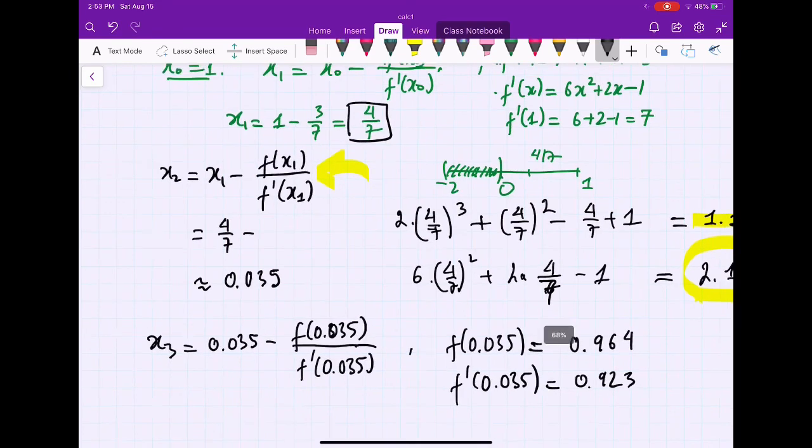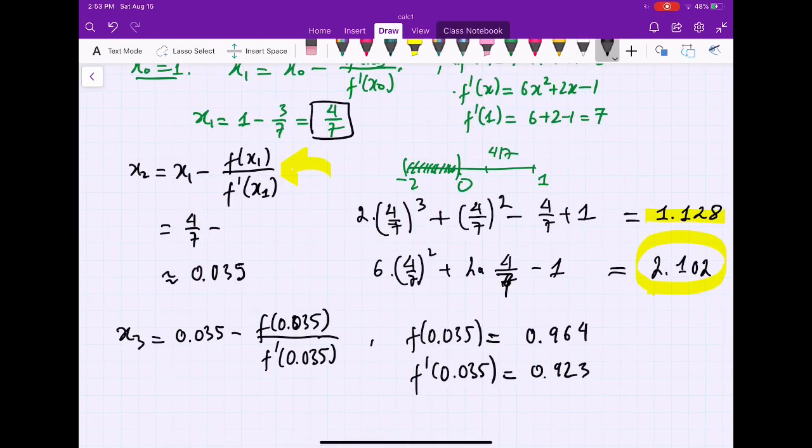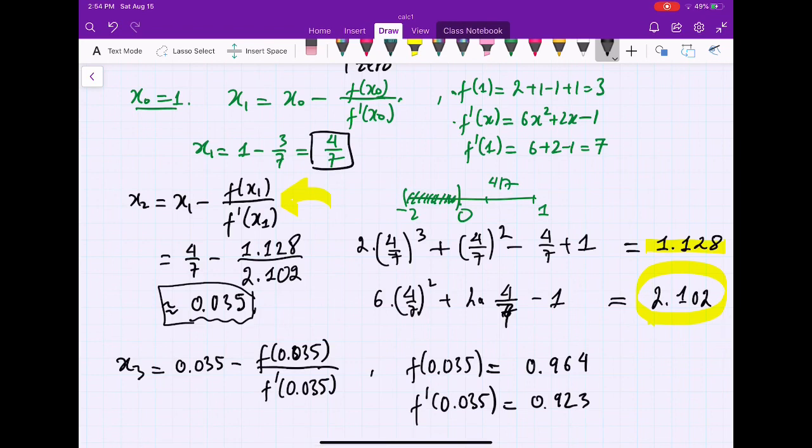So here I can write 1.128 divided by 2.102, which is approximately equal to 0.035, and you can see 0.035 is already closer to 0 than 4 over 7. It's somewhere right here.